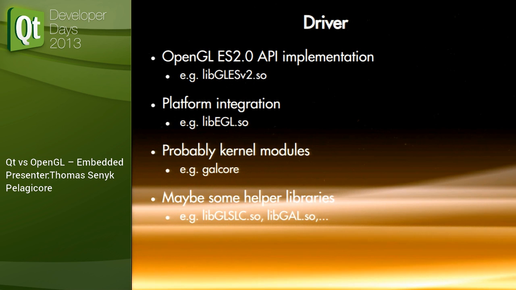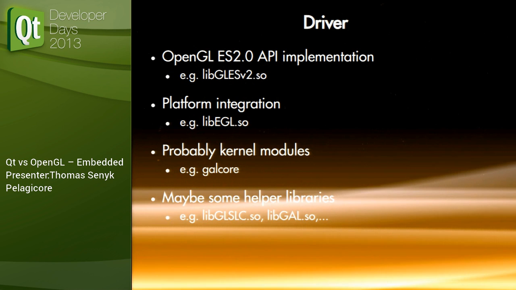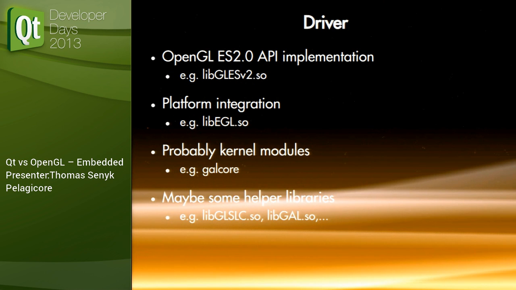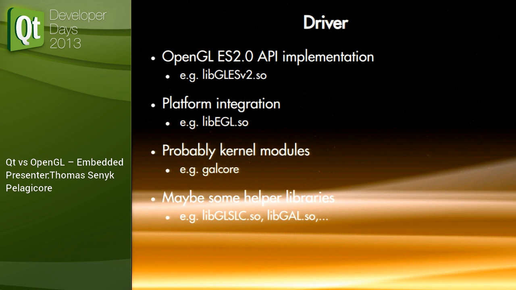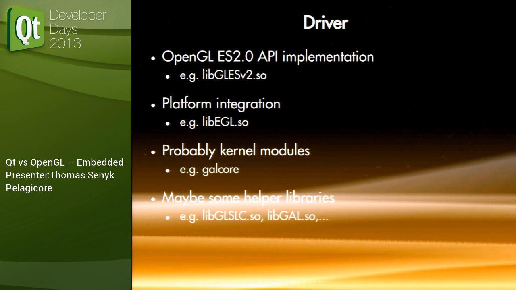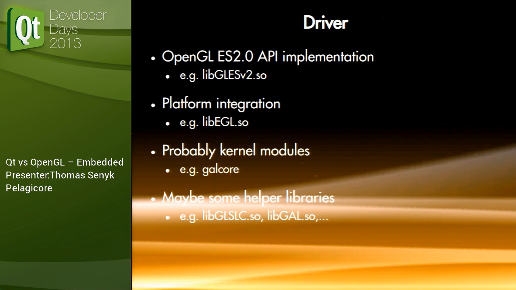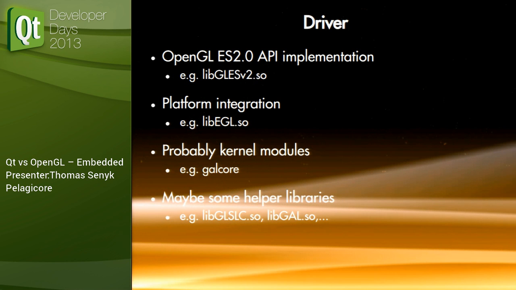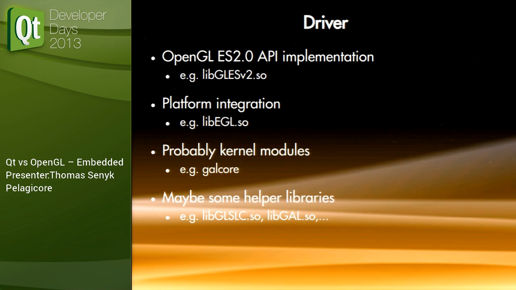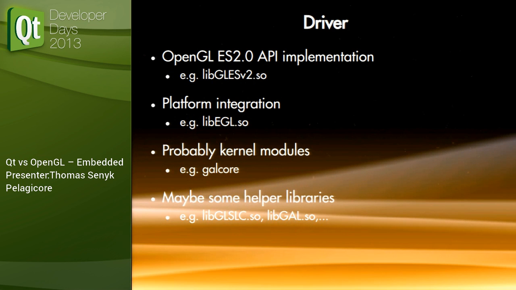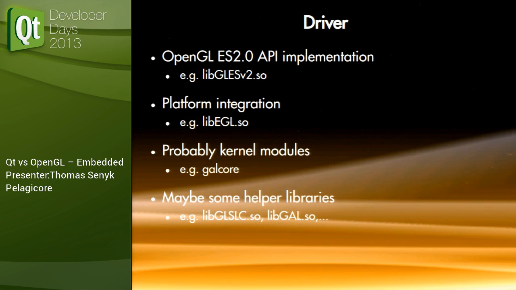The other two parts often are part of such drivers, but not necessarily. Most drivers in the embedded segment have an additional kernel module to integrate the actual access to the hardware. Typically, the OpenGL library will use that module to actually access the hardware.